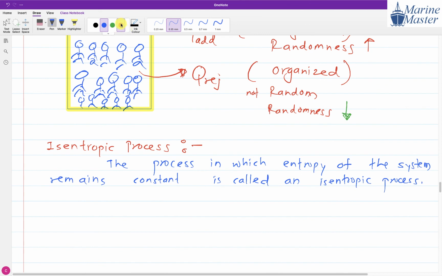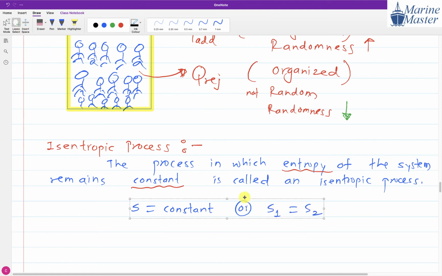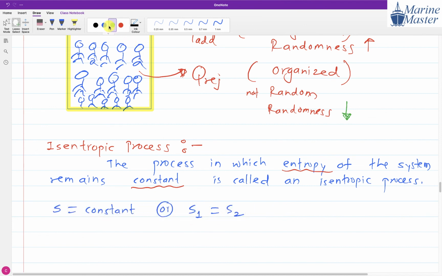So the entropy of the system remains constant. Entropy remaining constant means S is equal to constant, or we can say initial entropy is equal to final entropy. Change in entropy, final minus initial, becomes zero.